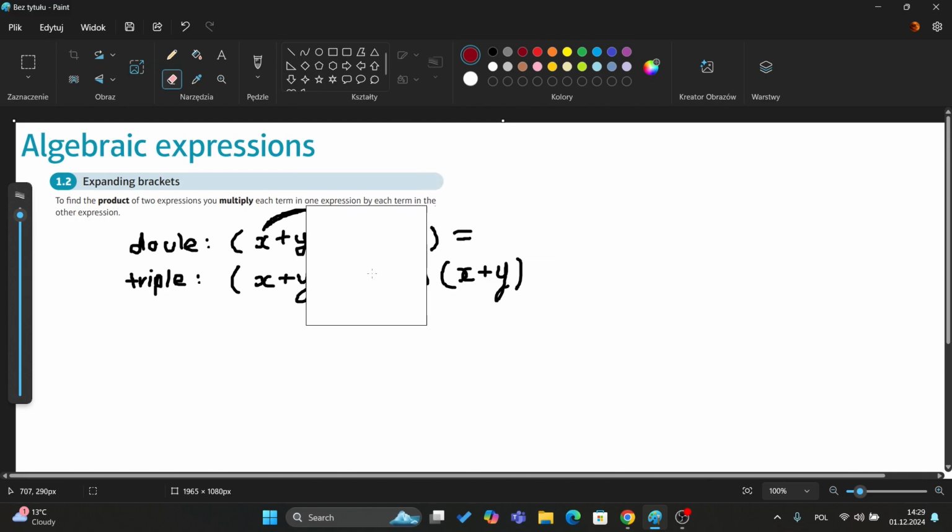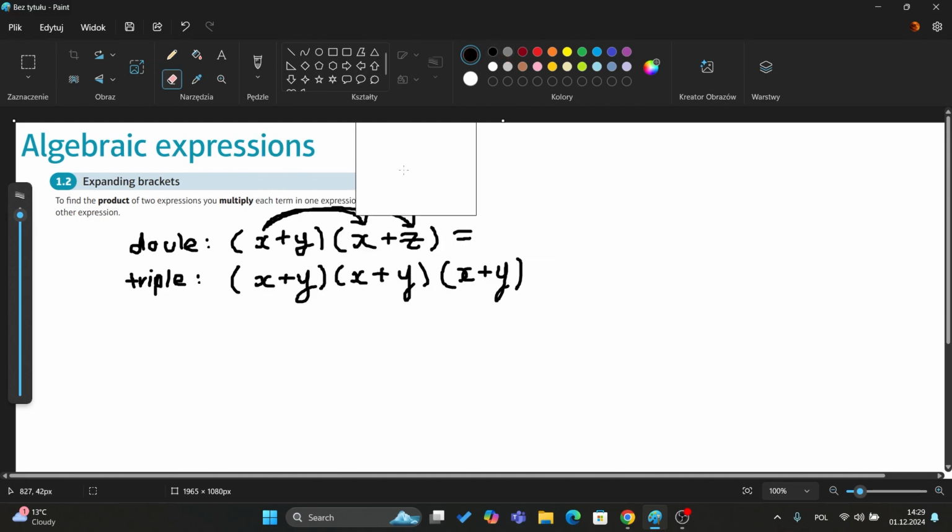And here, for the triple, we expand the first brackets, which is the same as multiplying those two numbers together that are the same, and then multiplying by the last number.